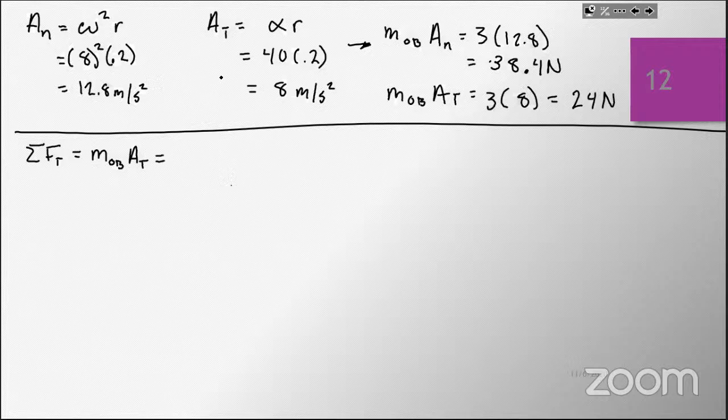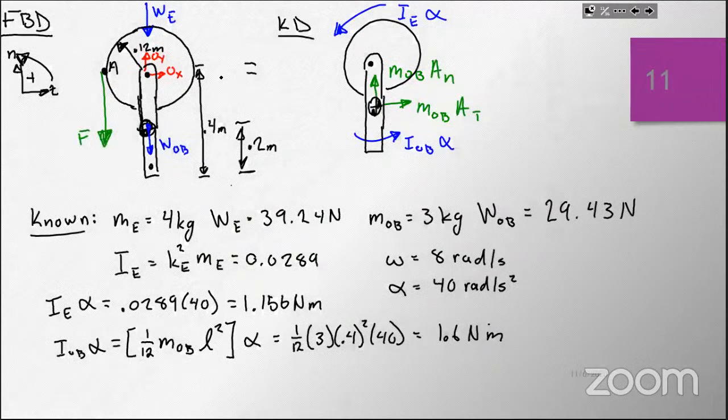And this has to be equal to what? Well, if we go back to our free body diagram, in the tangential direction the only force that we have is O sub x, right? That's it. He's all by himself in the x or the tangential direction.